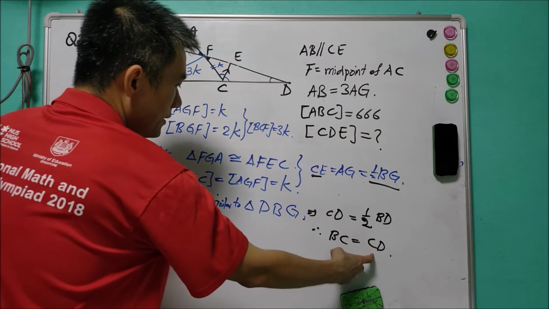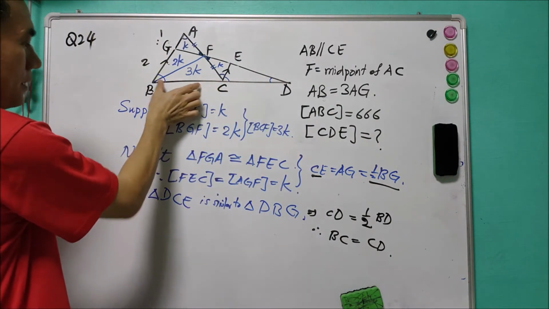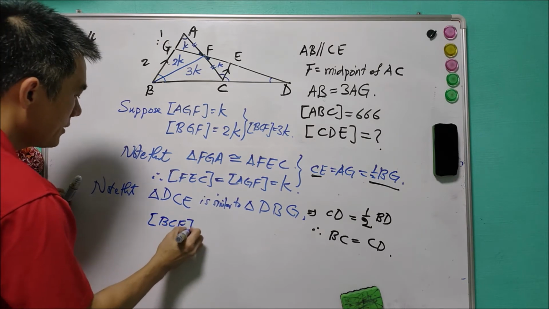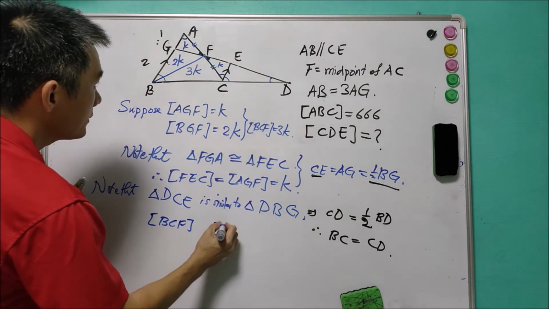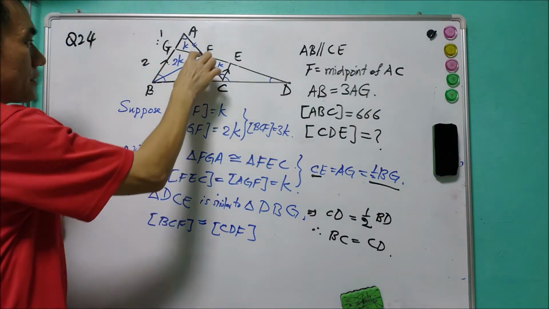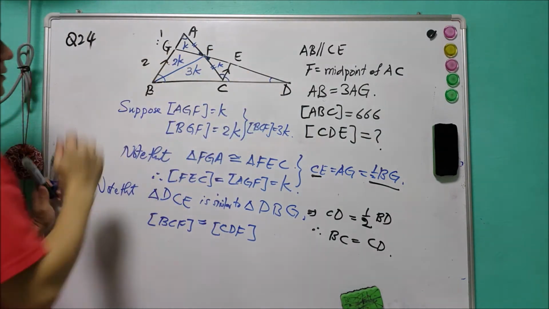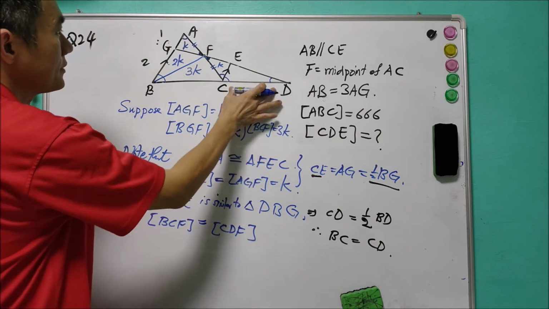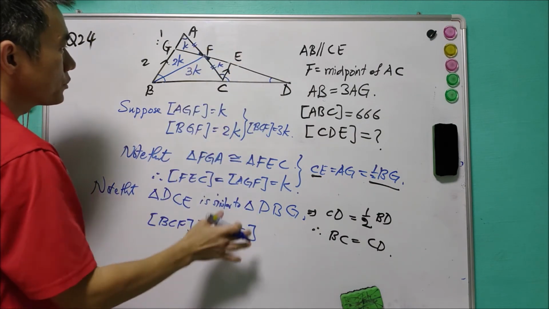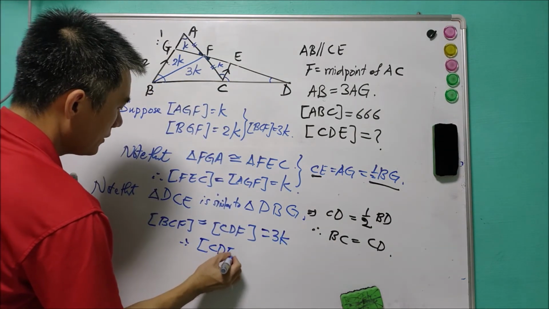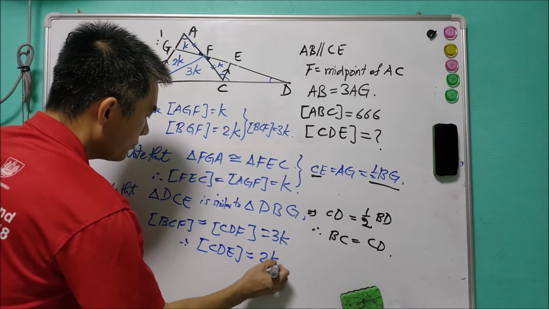And since BC equals CD, we note that the area of triangle BCF and the area of triangle CDF are the same because they have the same height and same length. And therefore, the triangle CDF is equal to 3K. And therefore, the triangle CDE will have the area of 2K.